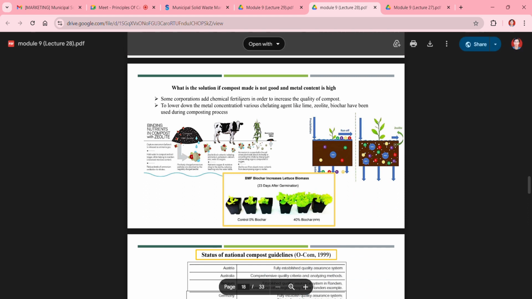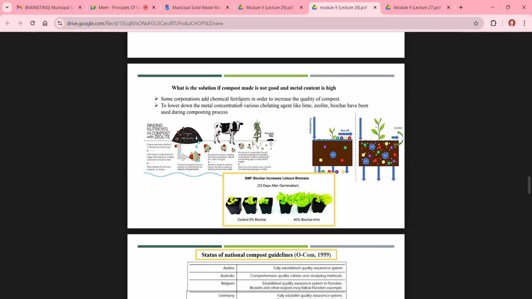And what is the solution if the compost made is not good and the metal content is high? Some corporations add chemical fertilizers in order to increase the quality of compost for proper decomposition of these metallic particles.